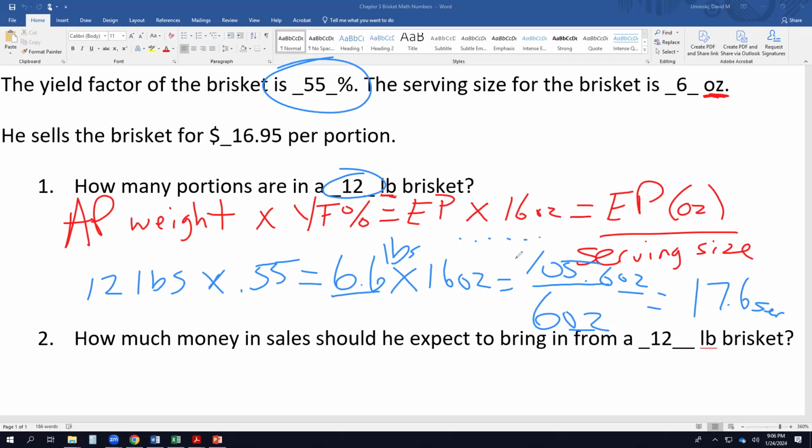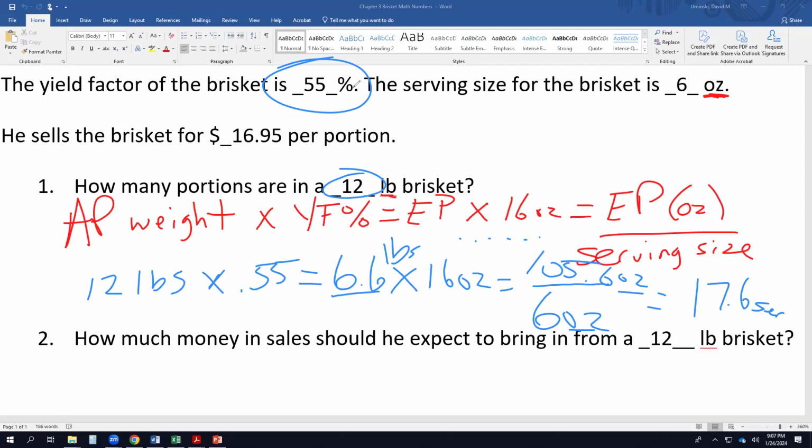We all see how that comes out? Questions, comments, concerns? So 17.6 servings is what we get. That's our first answer.